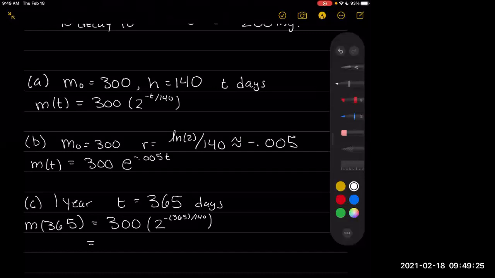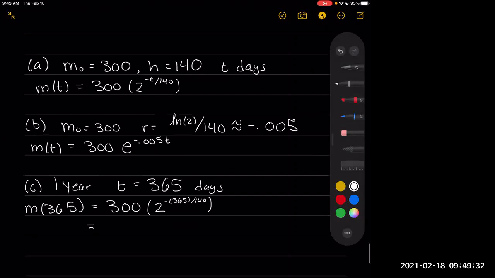I'm just demonstrating that you can use both, because in part D, I'm going to use the equation in part B. Solving with a calculator, this is approximately, not exactly, 49.256 milligrams. So after 1 year, it will be approximately 49 milligrams.